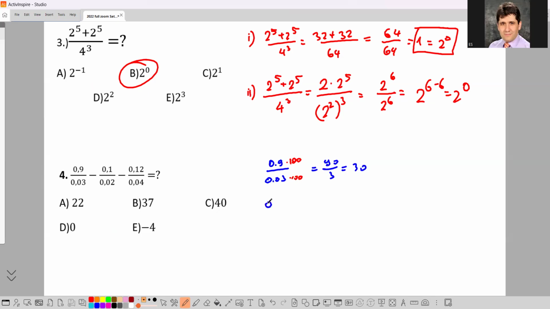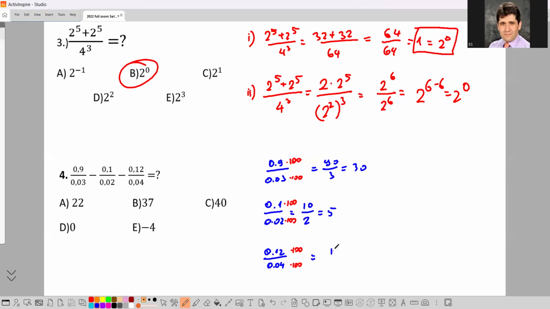Then the second fraction, 0.1 over 0.02, would be 10 over 2, which is 5. Of course, using the same, multiplied by 100, both numerator and denominator. And the third fraction, which is 0.12 over 0.04, again, we do the same, multiply both numerator and denominator by 100.